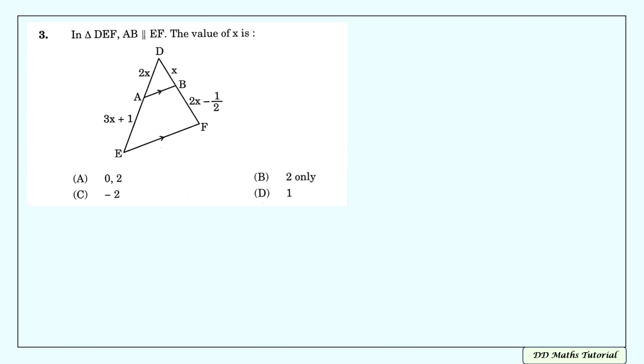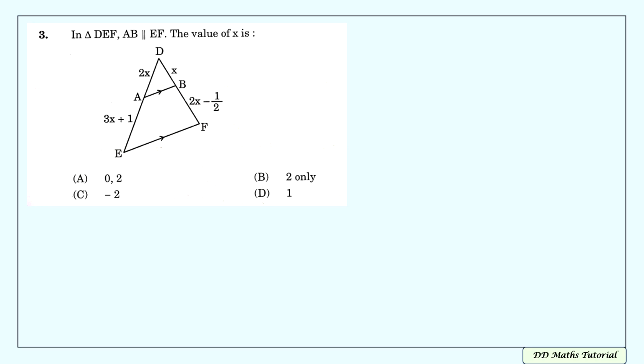Next question. In triangle DEF, AB is parallel to EF. Find the value of x. So AB is parallel to EF. So when a line is drawn parallel to one of the sides of the triangle, we will be able to use the basic proportionality theorem. So basic proportionality theorem in this triangle is going to be DA divided by AE will be equal to DB divided by BF.